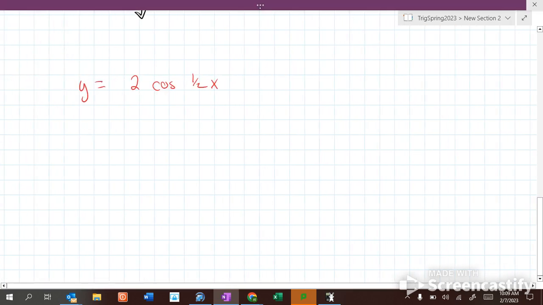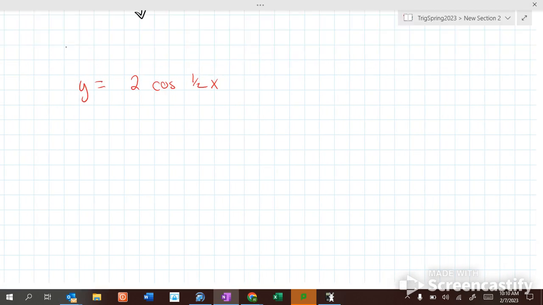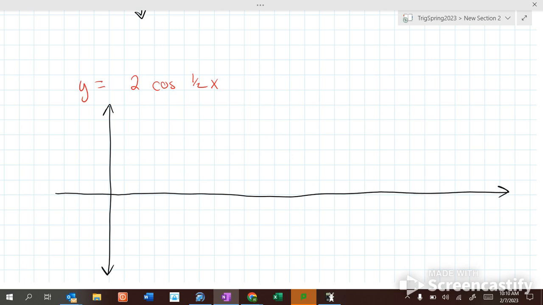So, let me put the graph down. If it's going to stretch it by 2, I've got to be careful when I put out my numbers. If I go a long ways to get to pi and 2 pi, it's got to stretch it way over there.